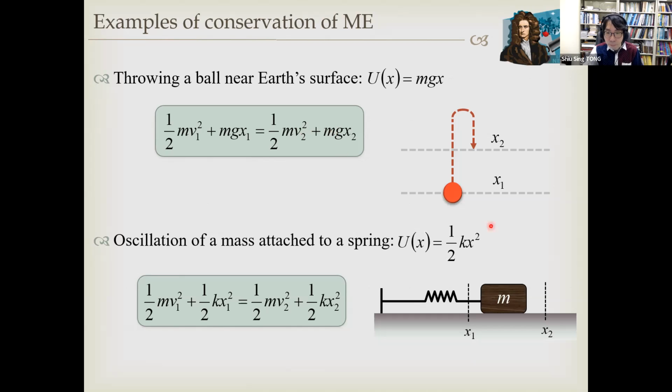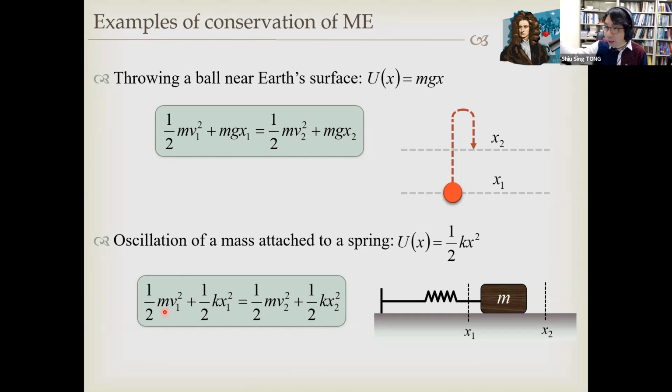If we are now studying a block attached to a spring, and the spring obeys Hooke's law, the potential energy of the spring is given by half kx squared. In that case, U(x1) becomes half kx1 squared, and U(x2) becomes half kx2 squared.